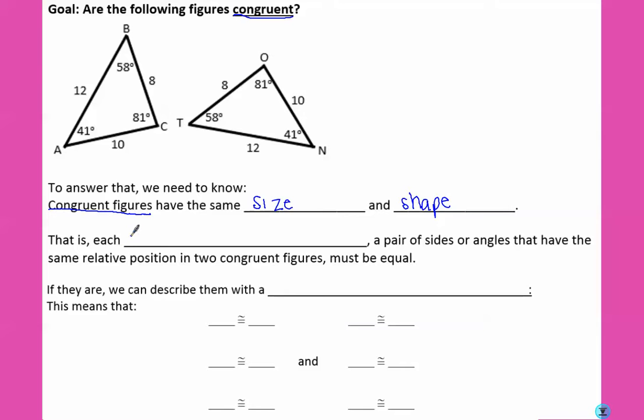So each corresponding part, a pair of angles or sides that have the same relative position in two congruent figures, must be equal. If they are, we can describe them with a congruence statement.